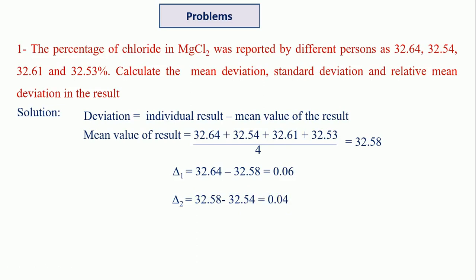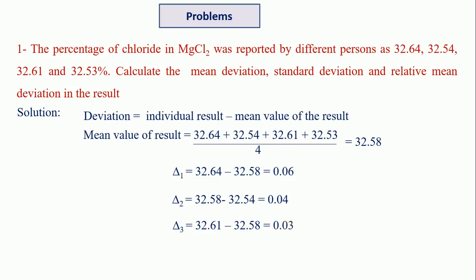Similarly, delta 3 is equal to 32.61 minus 32.58. 32.61 is an individual value and 32.58 is the mean value. So the difference between the mean value and the individual value is 0.03.